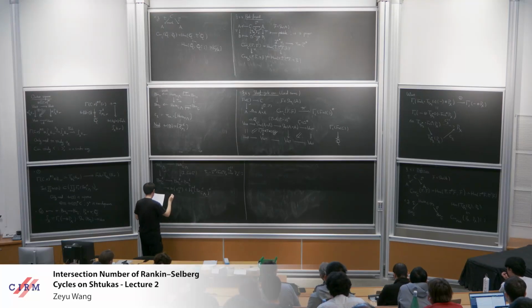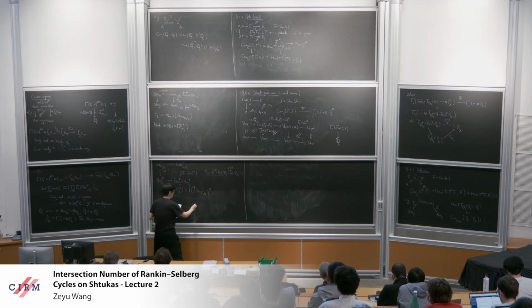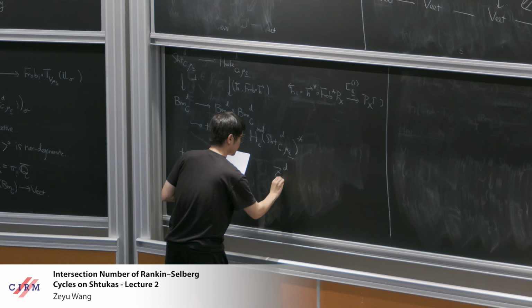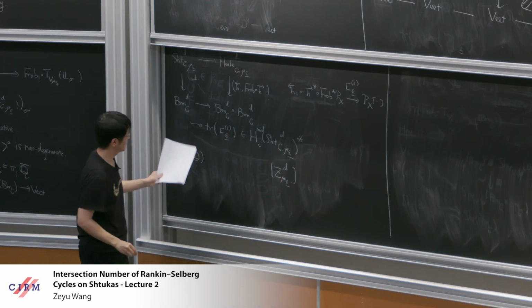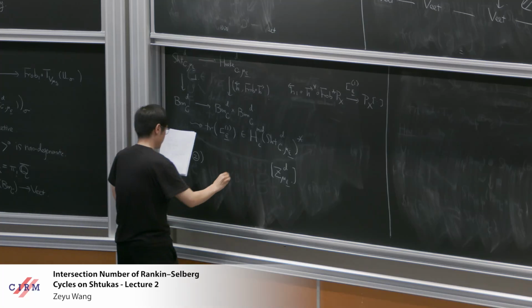Then recall that our job is to show that the trace of 2 is a natural transformation between categories, and this is really a map between categorical traces. So you want to compare it with the special cycle class. Then this thing will serve as a bridge.